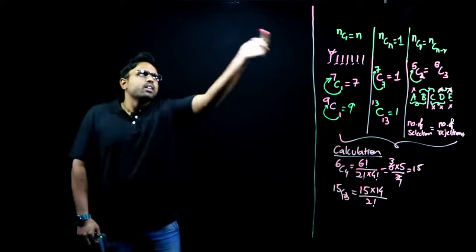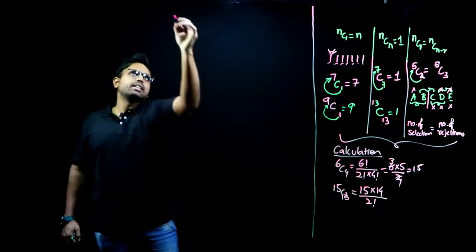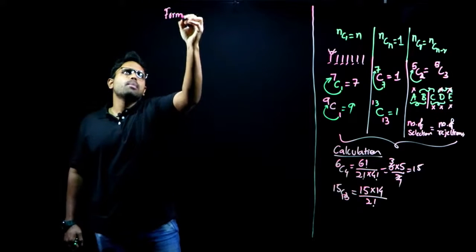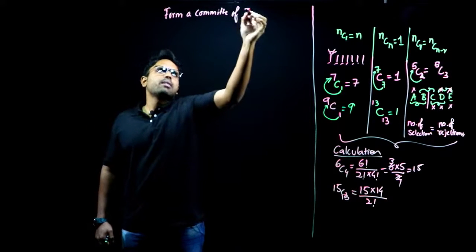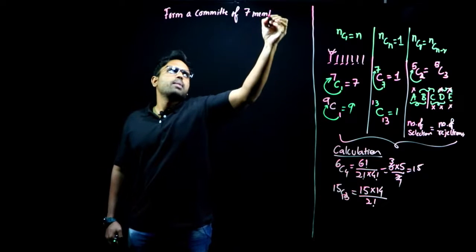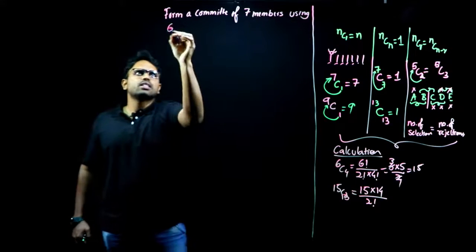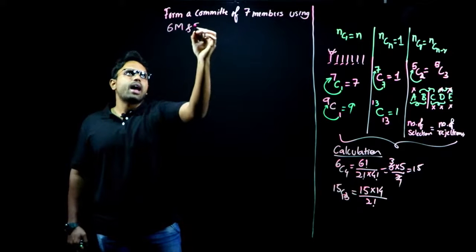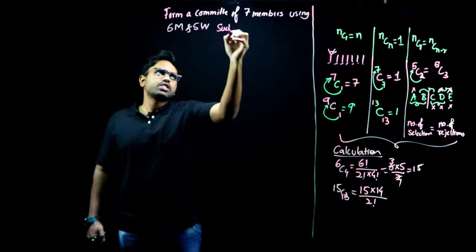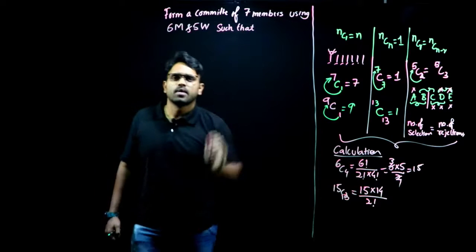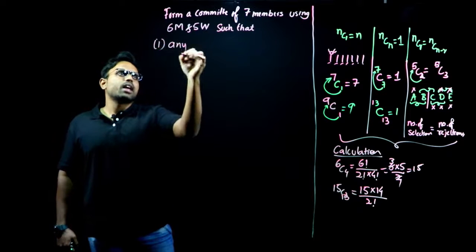Now, the first question of ours, let's get started with it, and it goes something like this. Form a committee of 7 members using 6 men and 5 women such that there are any 7 members.